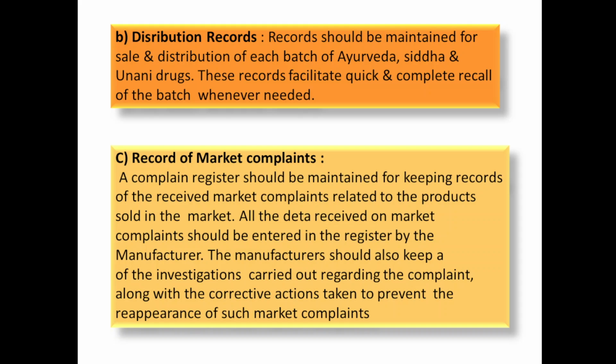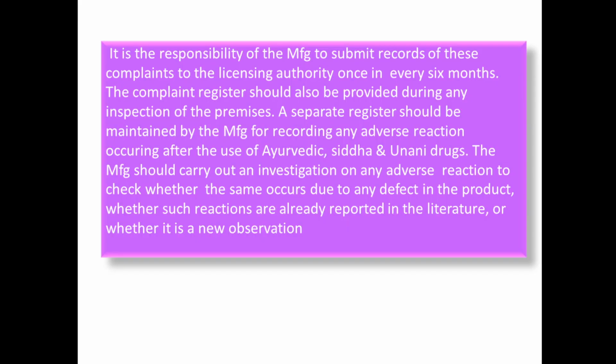After the complaint is registered, the manufacturer should investigate where the error occurred and what the problem is regarding that drug, and corrective actions are taken so that such market complaints do not reappear. It is the responsibility of the manufacturer to submit records of these complaints to the licensing authority once in every 6 months.